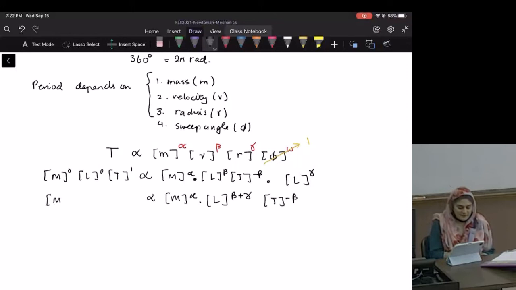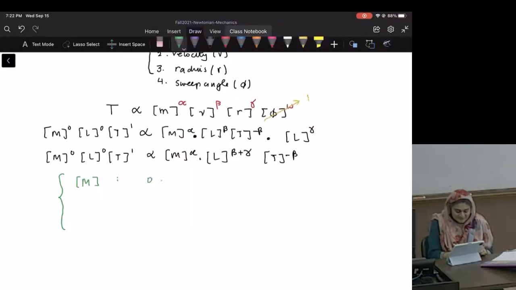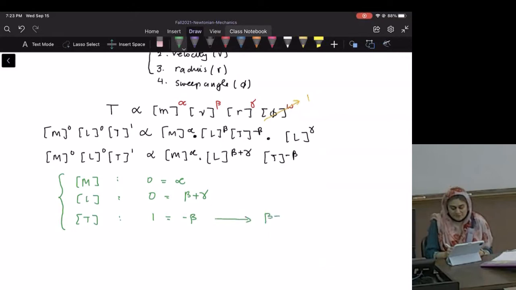Now I can equate powers. T to the power 1 equals minus beta, which algebraically gives beta equals minus 1, gamma equals 1, and alpha equals 0.